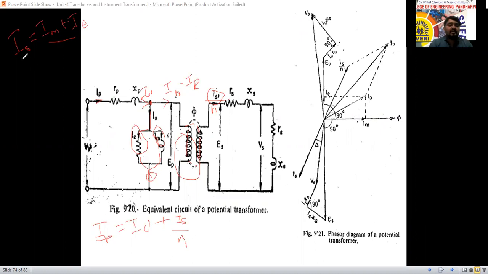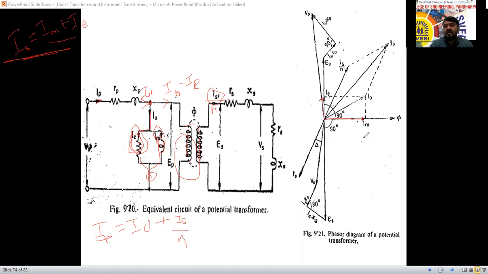So first we'll draw the I naught value. To draw that one here now, the magnetizing current and the excitation loss current we have to draw here. So the magnetizing current is in phase with the flux here now, and the current, where only resistance is there, it will lead by 90 degree here.